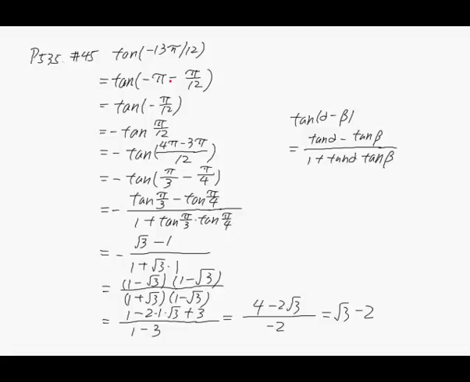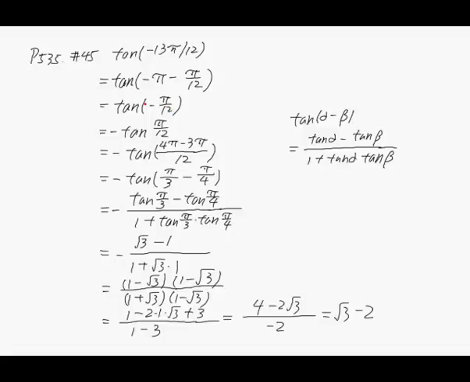Tricky? A little bit, right? So first, when you have an angle which is kind of big, you can first simplify by throwing away some multiple of the period. So right now, this 13 pi over 12 is bigger than pi. So we can throw away one multiple of this pi and then simplify.